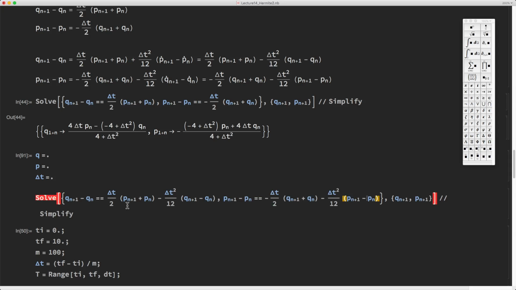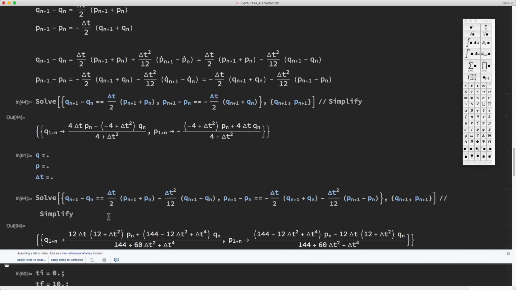Again, because this system is linear in this case, we can actually avoid the iteration and just solve it analytically in terms of the unknowns Qn plus 1 and Pn plus 1. So if we do that, Mathematica gives us the solution.